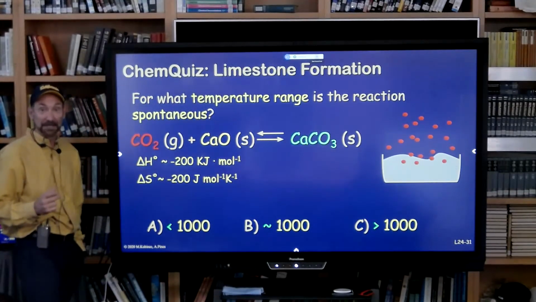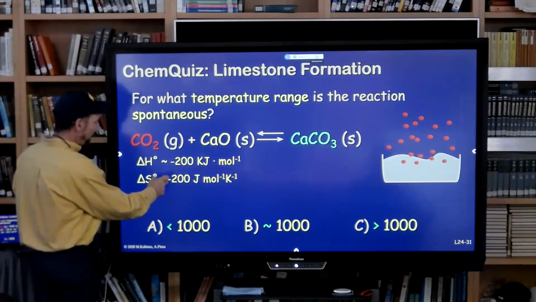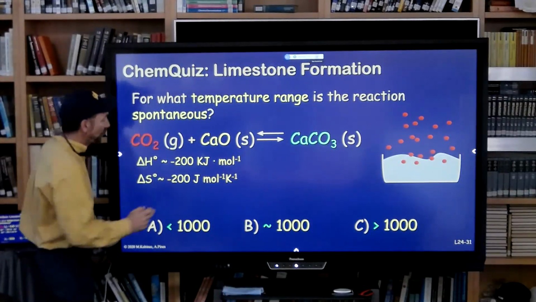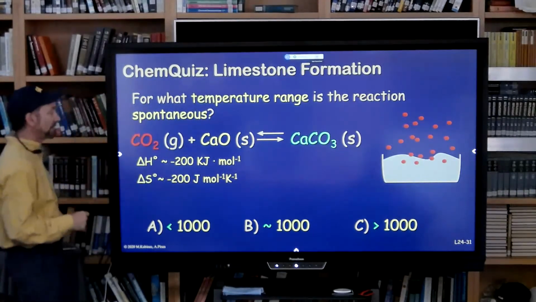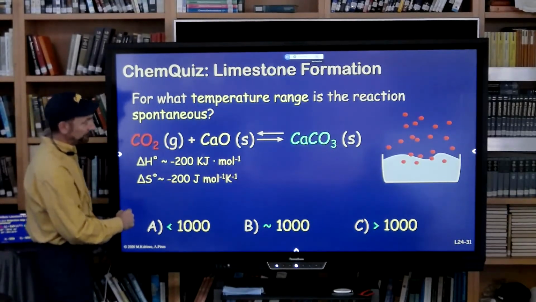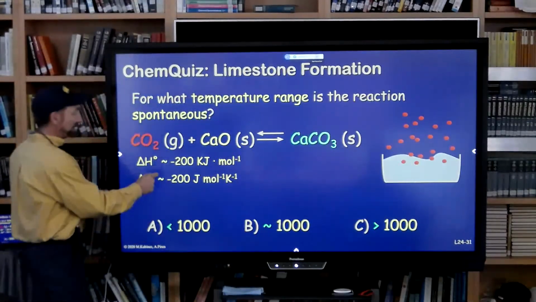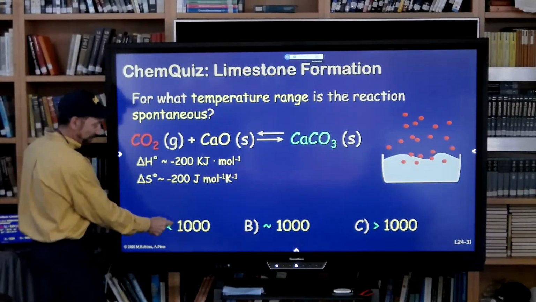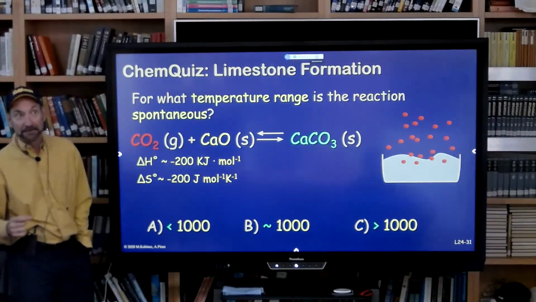That's entropy decreasing, so you have minus T delta S, which makes that term positive. That positive term has to be smaller than the negative term, and they differ by a factor of 1,000. So if you go to temperatures above 1,000, then minus T delta S is a big number. You have to stay at temperatures below 1,000 for the enthalpic term to be bigger than the entropic term.